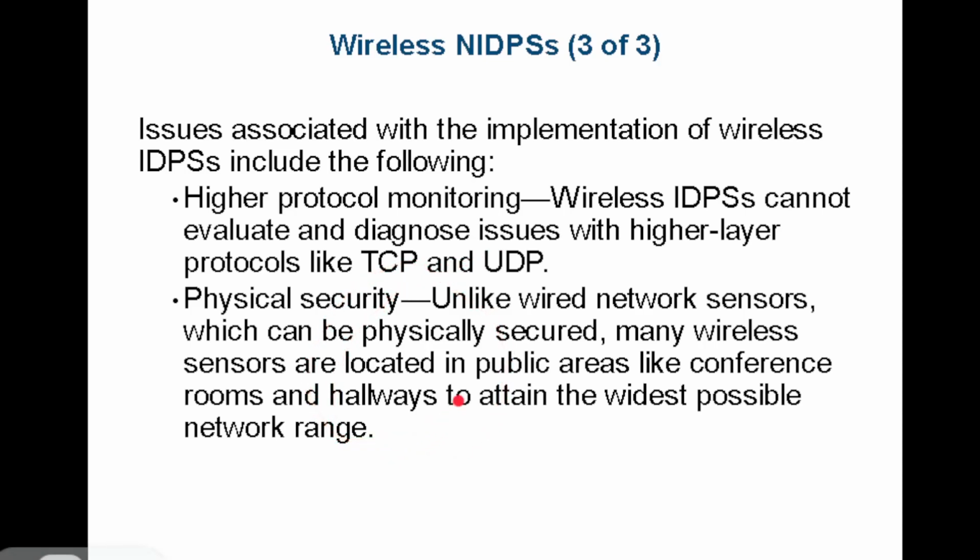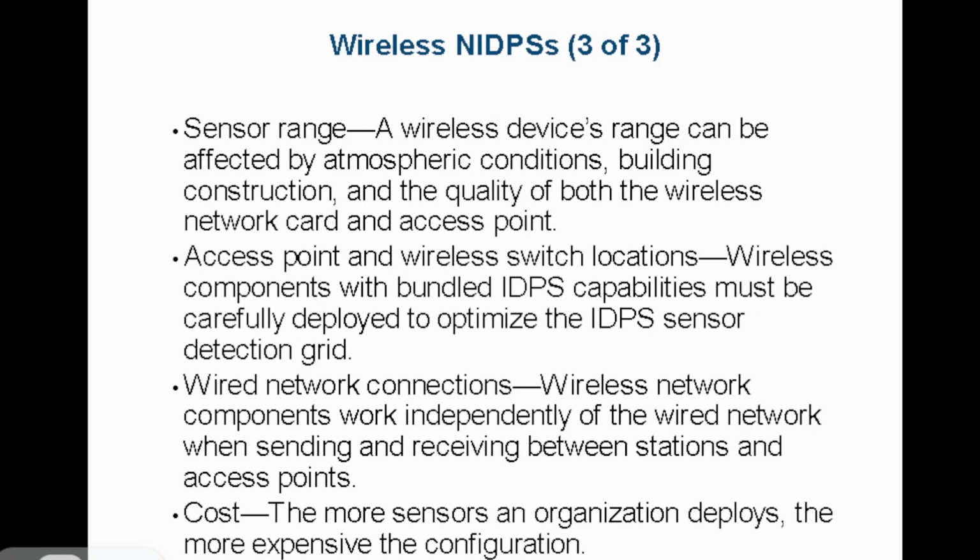I can secure wired devices, wired connections into my system, and I can watch for new connections in. But with wireless, it's a little hard to do that. You do have a limited range in your wireless.